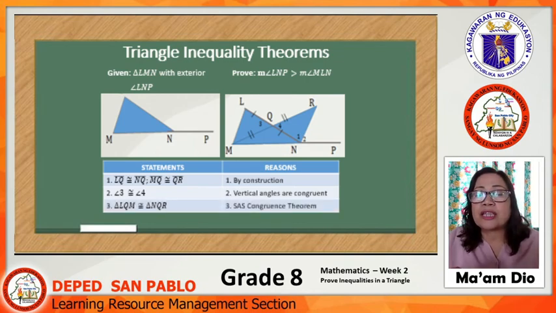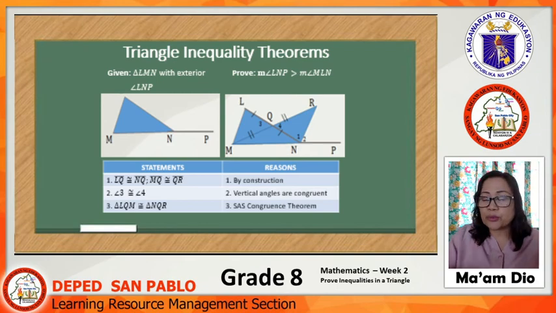Let's proceed to statement number 3. Side LQ is congruent to side QN, and side MQ is congruent to side QR, and their included angles, angle 3 and angle 4 respectively, are also congruent. Therefore, triangle LQM is congruent to triangle NQR by the SAS congruence theorem.